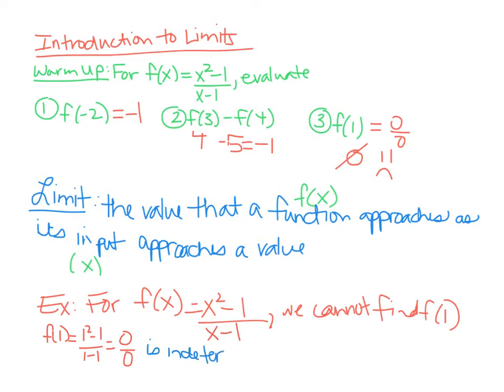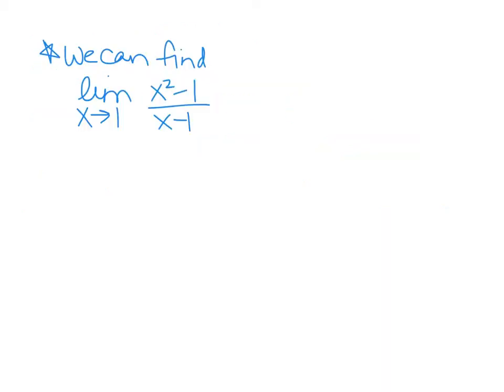The one that we usually see in this class is 0 over 0, but occasionally you'll see something like infinity over infinity. We'll talk about that later. But we say that 0 over 0 is indeterminate. So we've already discussed that we can't find f of 1. What we can find is the limit of f of x as x approaches 1.